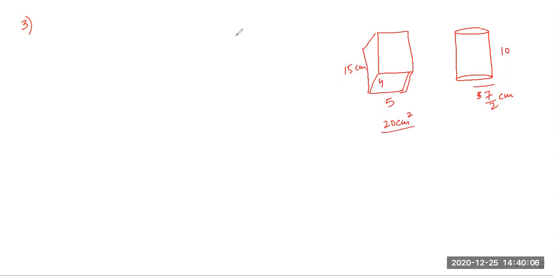Third question, exercise 13.6, page number 230, class 9 mathematics. It says, which container has greater capacity and by how much? Now, capacity means what? Pranav, can you tell the meaning of capacity?